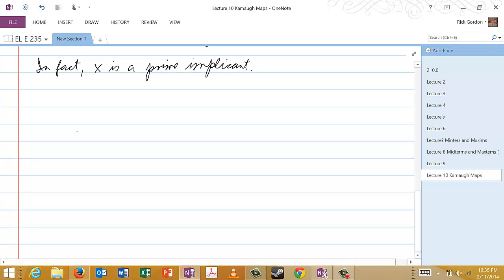Now, one word of explanation here. Let me maybe give an example. Let's say that we have f of x, y, z is equal to x, y prime, z, or x prime, y prime, z, or x prime, y prime, z prime.